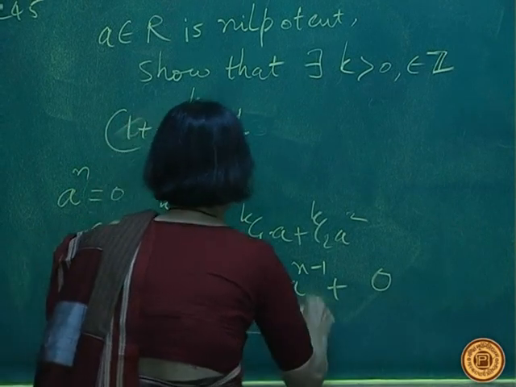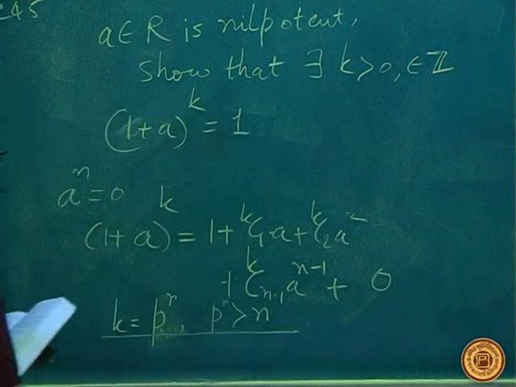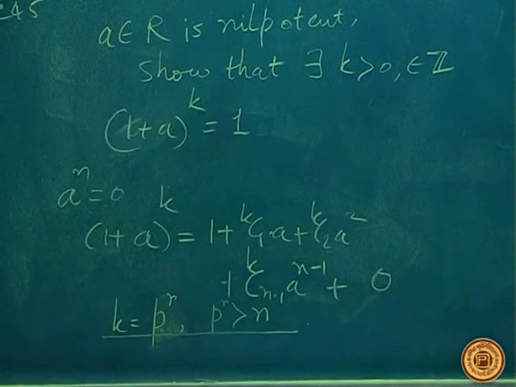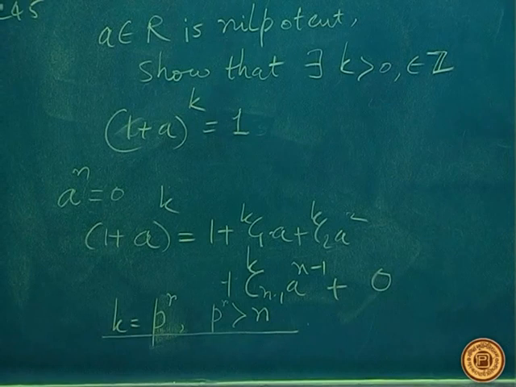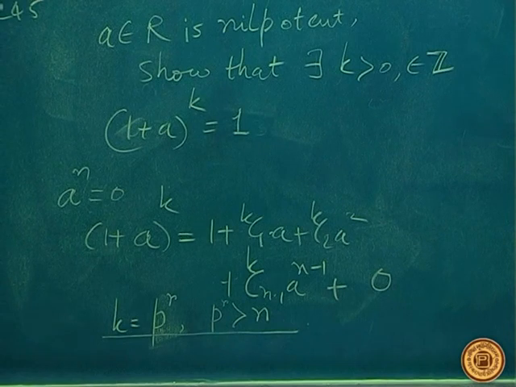Then you can show that all these coefficients are divisible by p and therefore they reduce to 0. But according to me, there is a problem with this problem because you simply cannot have a nilpotent element in an integral domain. If it is just a ring, well, maybe.